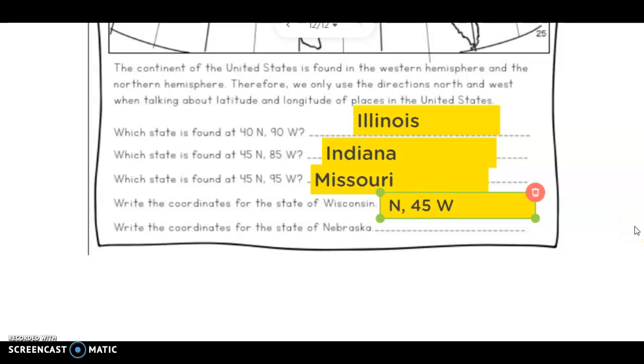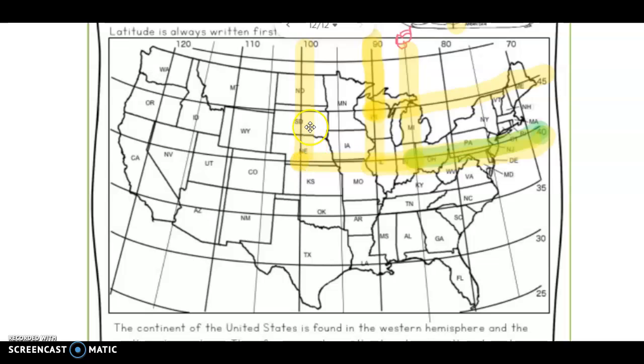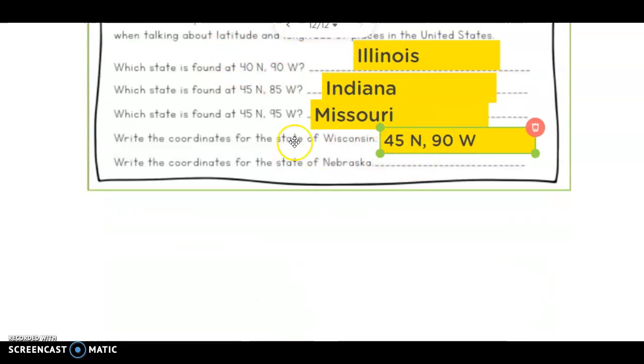So we had 45 degrees north and 90 degrees west. Now finally for Nebraska, Nebraska's right here, we had 100 degrees west and 40 degrees north.